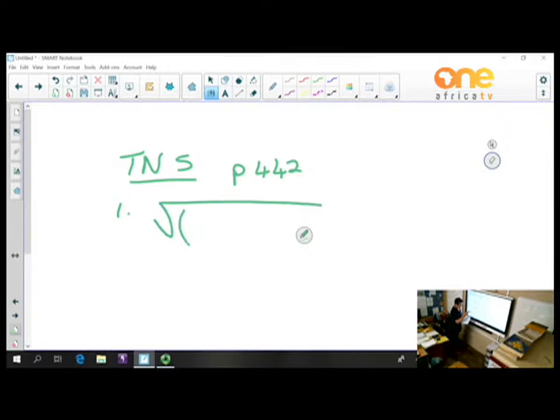So now it becomes x plus 9 squared minus x plus 7 squared is equal to x squared. That's applying Pythagoras. The longest side is your hypotenuse, and there we write it out like this.